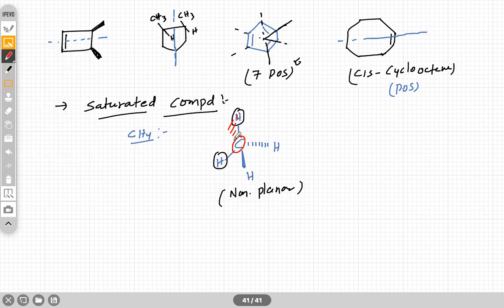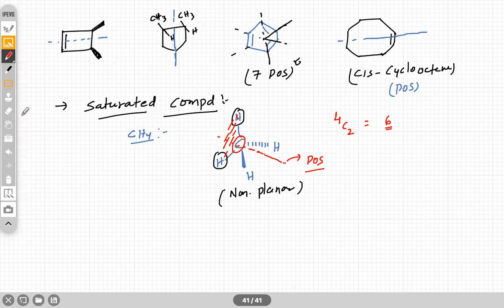So we'll have a plane like this for these three atoms, and along this plane we'll have a plane of symmetry here. This is the POS we have, plane of symmetry, mirror image like this. Okay, so we are taking two hydrogens at a time to gain one plane of symmetry. So what is the number of planes of symmetry we have? We can find out by the mathematical tool 4C2, that would be 6. 6 planes of symmetry possible here.